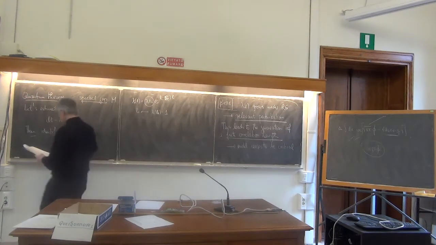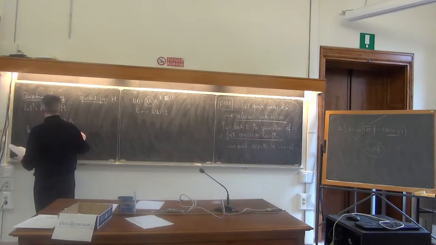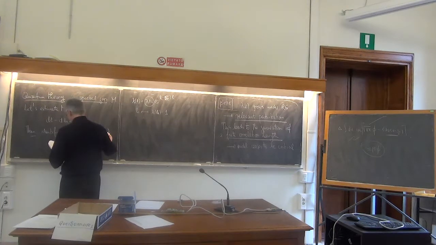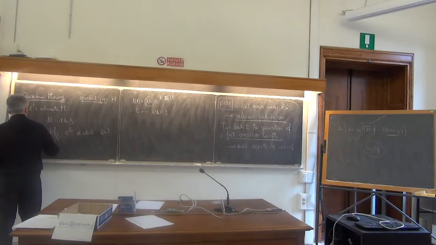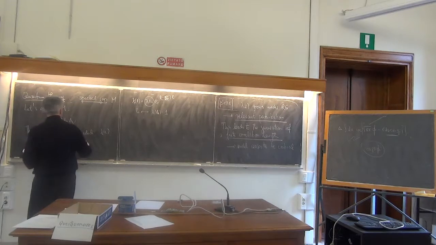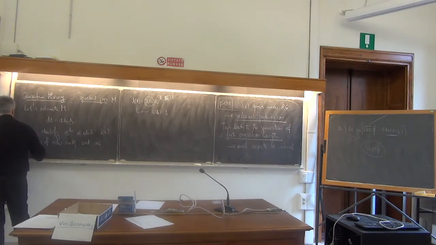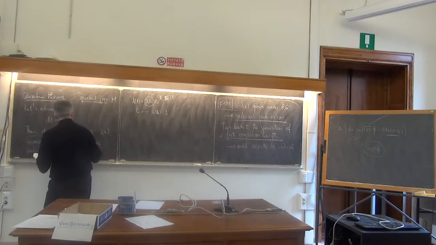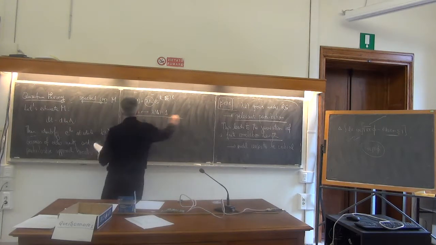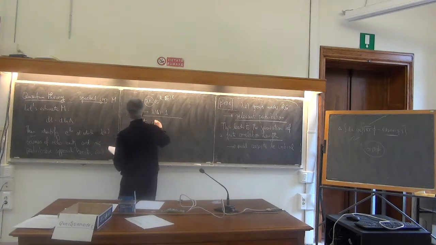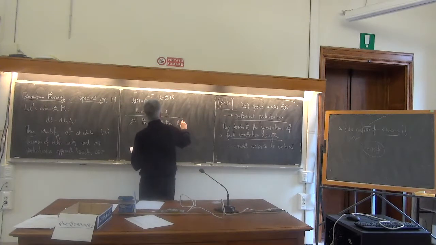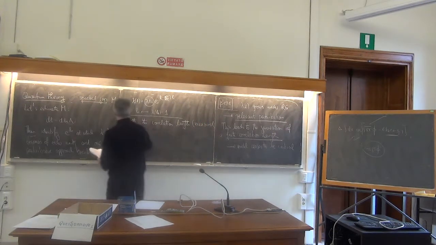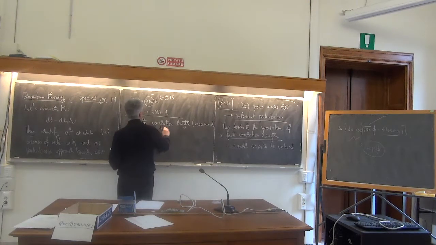So let me write this down. So e to the L naught, at which lambda of L becomes of order unity, and our perturbative approach breaks down, is the correlation length, measured in units of 1 over the cutoff.